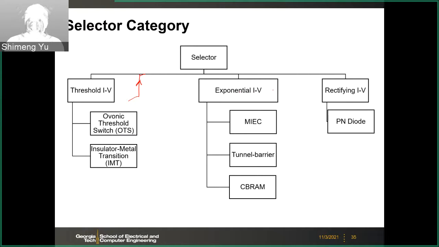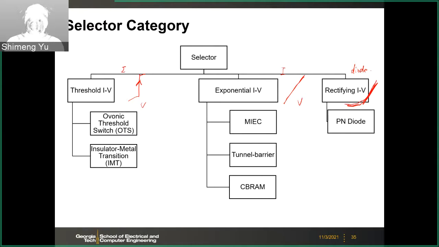The second one is the exponential I-V, where you have a gradual turn on in terms of I-V. And this rectifying I-V is unidirectional, like the diode. In the conventional diode, it's also exponential, but this one is only in one direction.